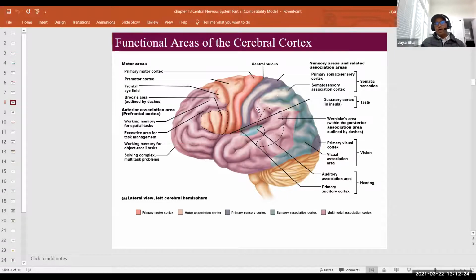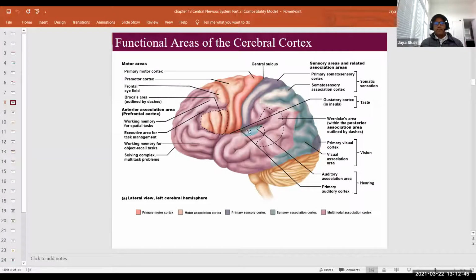These lobes are usually separated from each other by deep sulci. One of the main sulci is the central sulcus. The central sulcus separates the frontal lobe from the parietal lobe. Here is another, the parieto-occipital sulcus.